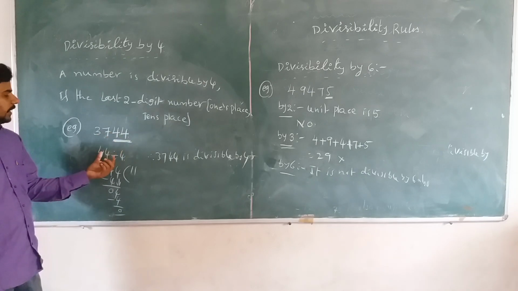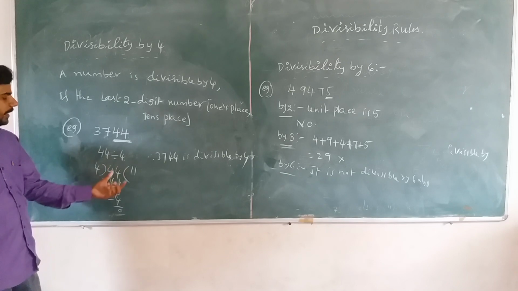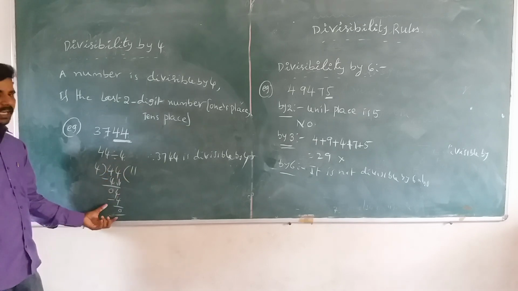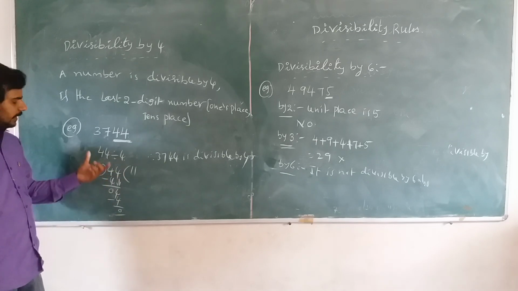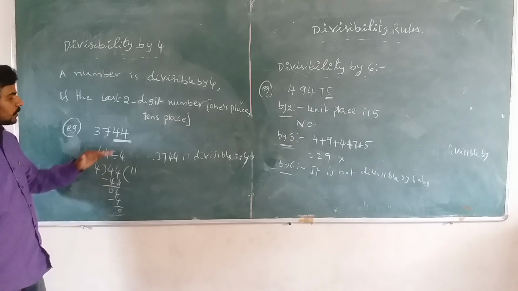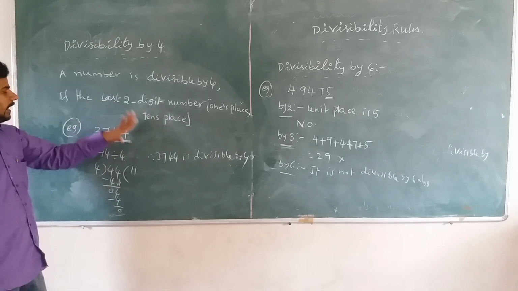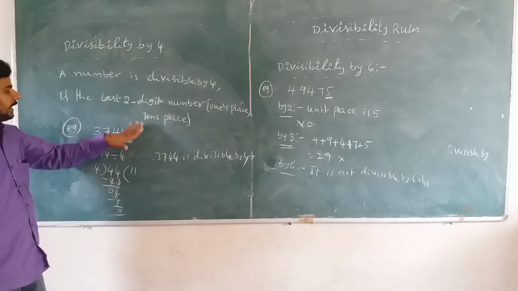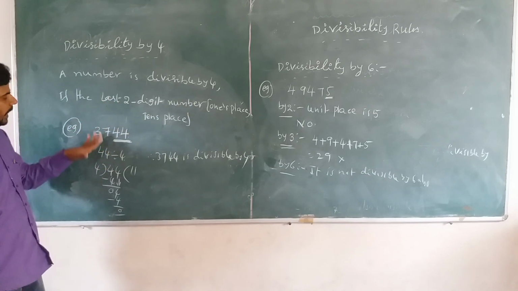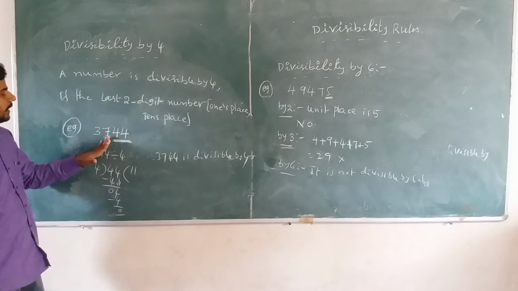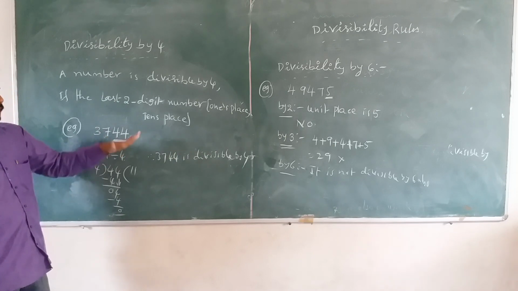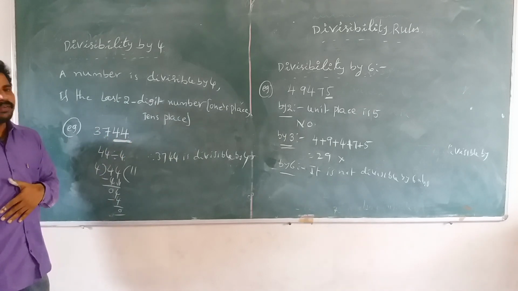That value is 44 divided by 4. How many times is it divisible? 11 times. What is the remainder? 0. 0 means it is exactly divisible by 4. So the last two-digit number is divisible by 4. That's why the given number 3744 is also divisible by 4.